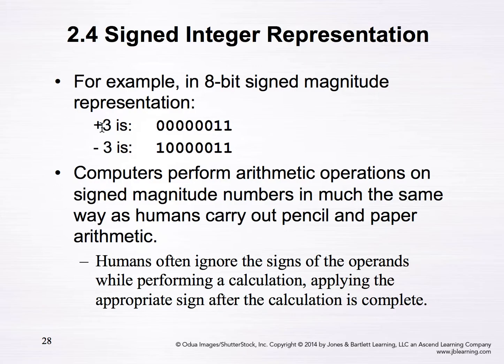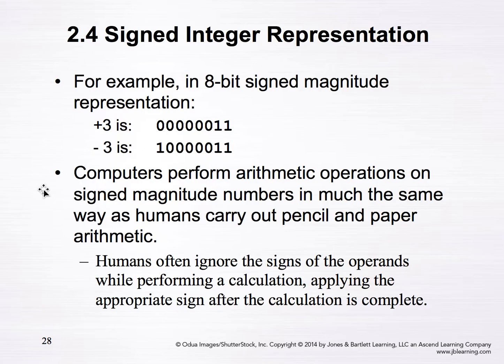For positive 3, the most significant bit represents the positive sign, that's a 0, and the remaining 7 bits represent the value of 3, which is the string 1 1. On the other hand, for negative 3, the most significant bit is 1, because 1 represents the negative sign, and the remaining 7 bits represent the value of 3, again 1 1.